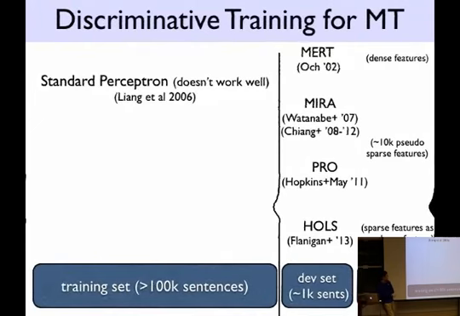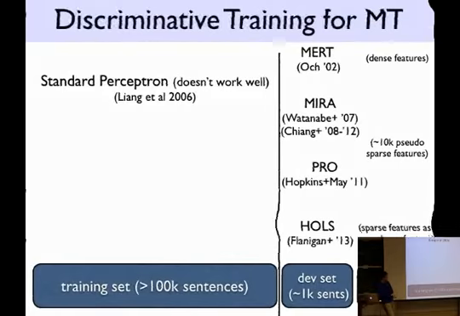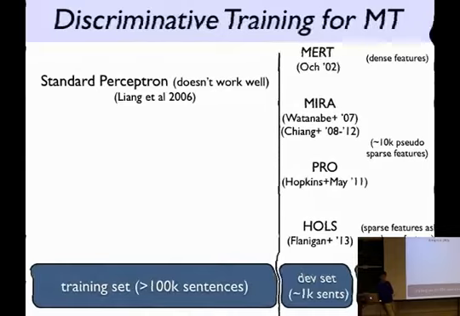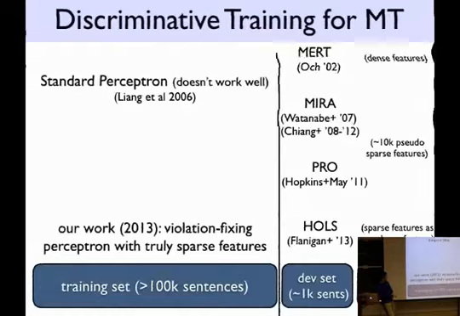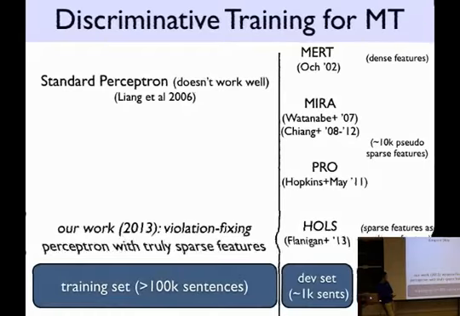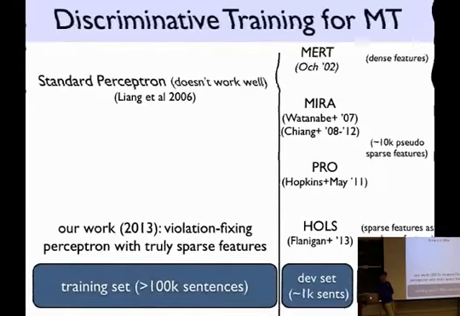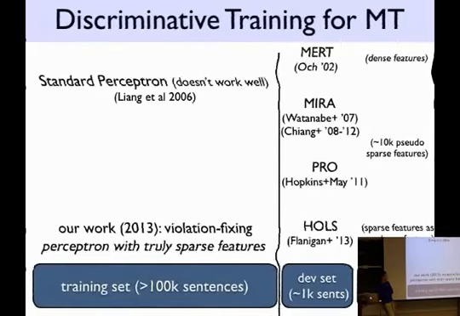Or some people use sparse features as one dense feature, and that's still not the right way to do it. The right way to do it is still to train on the training set, like in parsing and tagging and many other machine learning applications. But it took like 7 years for us to succeed finally on this line of work. So in our work this year, we used some variants of perceptron, which can train truly sparse features, more than 20 million features.